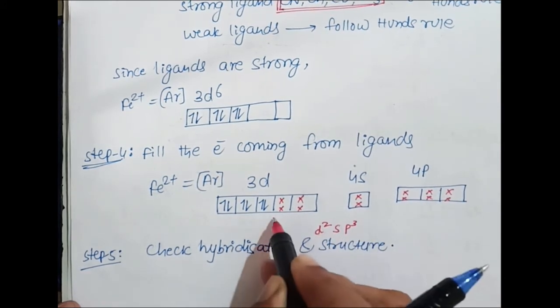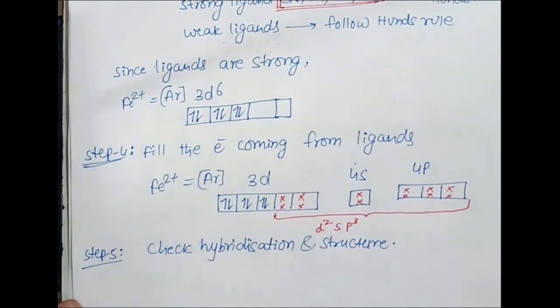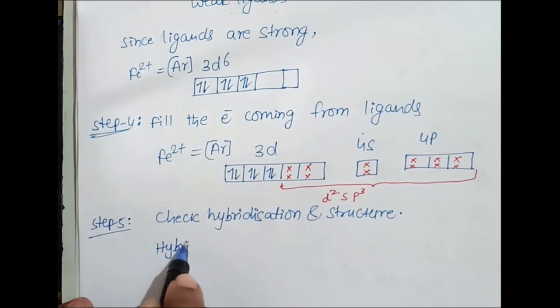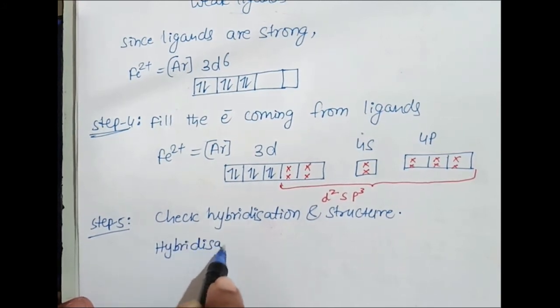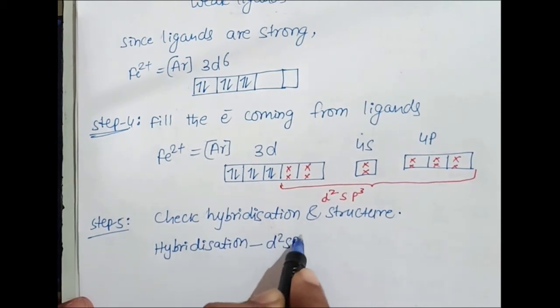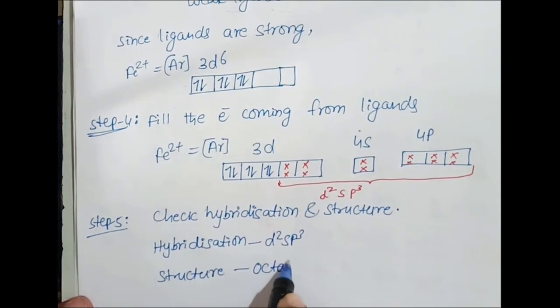So d2sp3. So the hybridization here is d2sp3. Then structure: whenever d2sp3, the structure is octahedral, alright, we have to remember it.